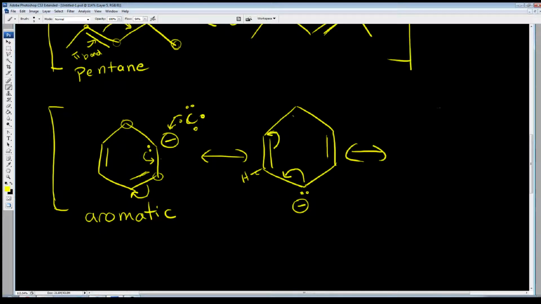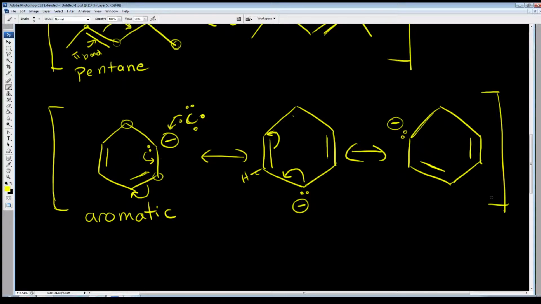So you can make another resonance structure. Right there. Now that you've moved it, you still have this one, and you move the pi bond to this side. You've got to remember, since you moved the electrons and you broke this bond, this one's gonna have the extra pair of electrons, which means it's gonna have a negative formal charge. And then once you get at this state, you need to think about, well, can I make another one?